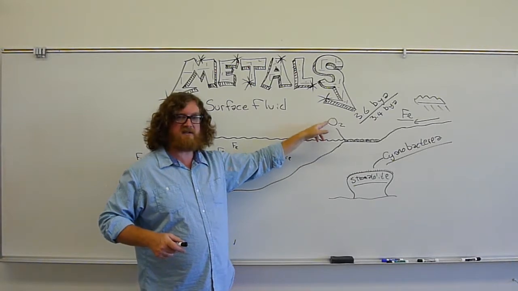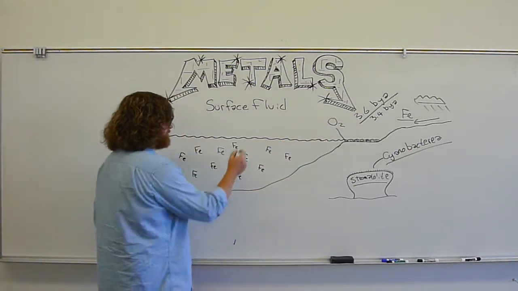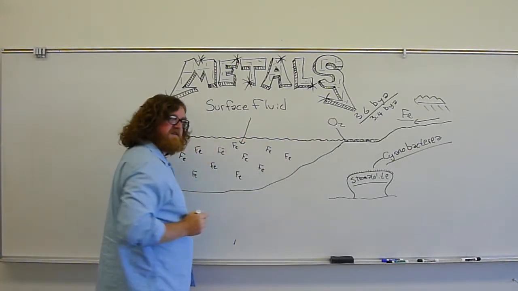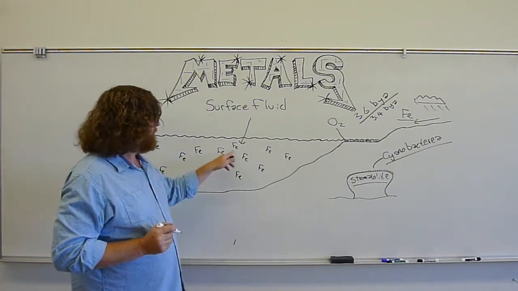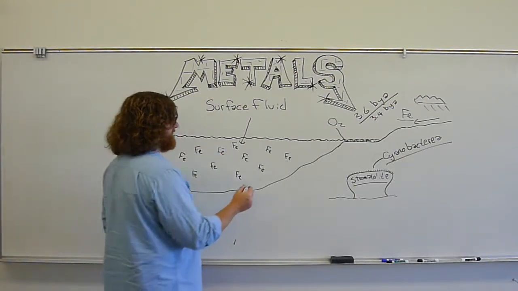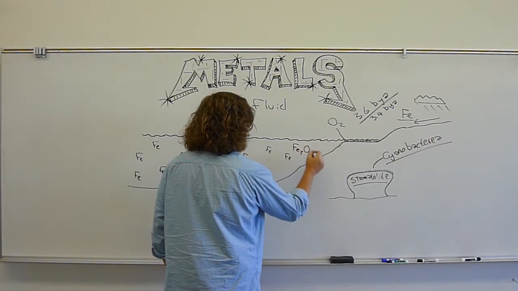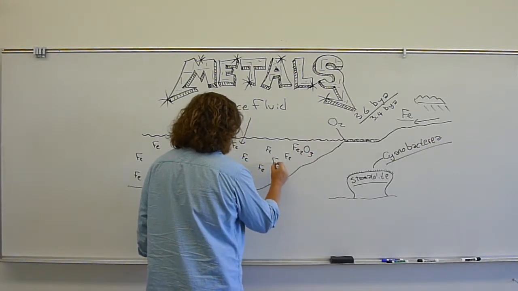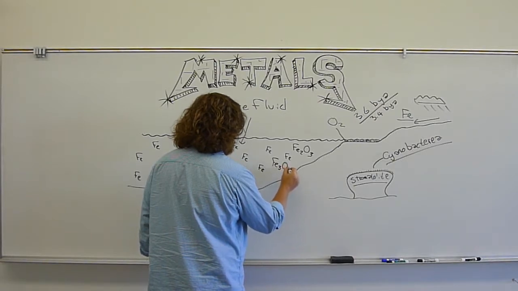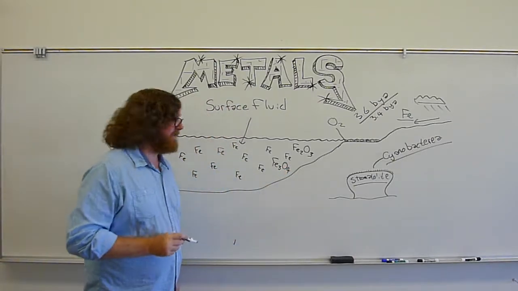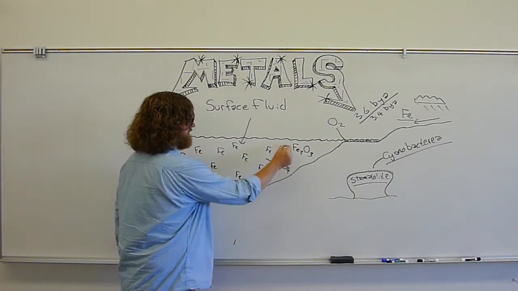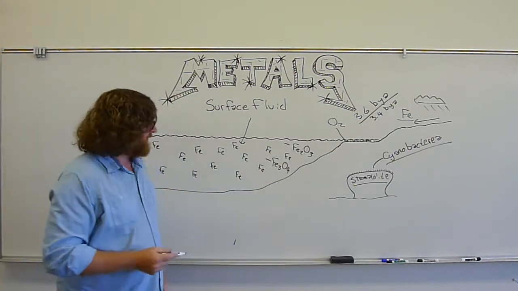So as oxygen starts to fill the atmosphere, one of the first things that happens is it begins to bond with iron, and it actually forms Fe2O3 and Fe3O4. Those are both different molecules. One of those is magnetite, one of those is hematite.